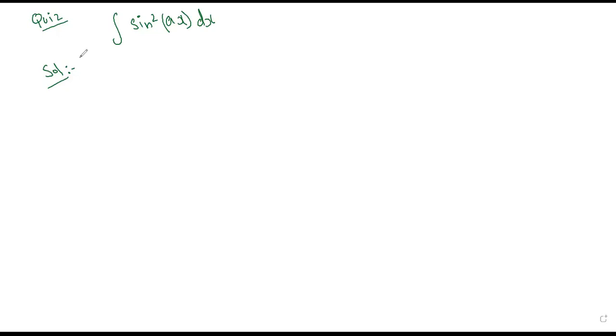I definitely appreciate that you have tried, but if you convert it this way and then integrate this thing, again you will be stuck here.